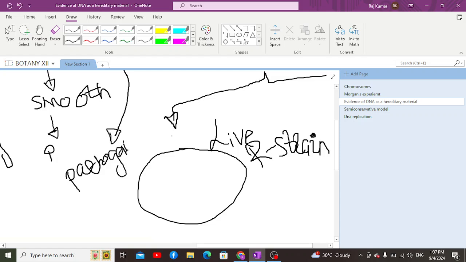In the first experiment they utilized an enzyme known as protease. They introduced the enzyme protease into the culture in which the S strain was present.